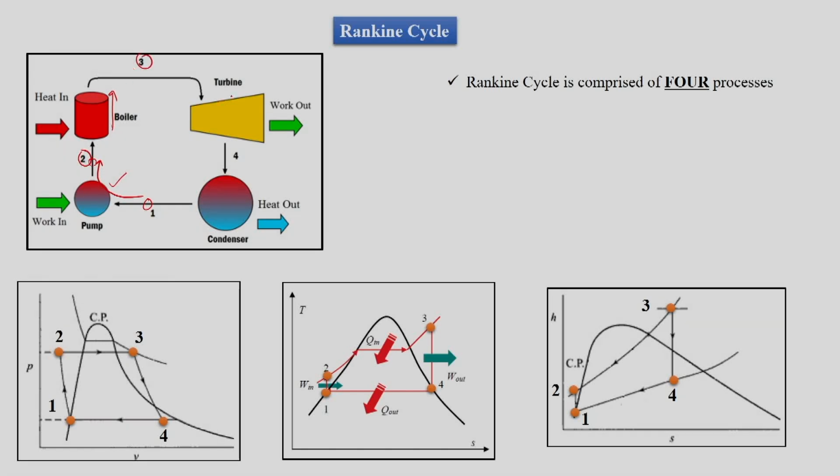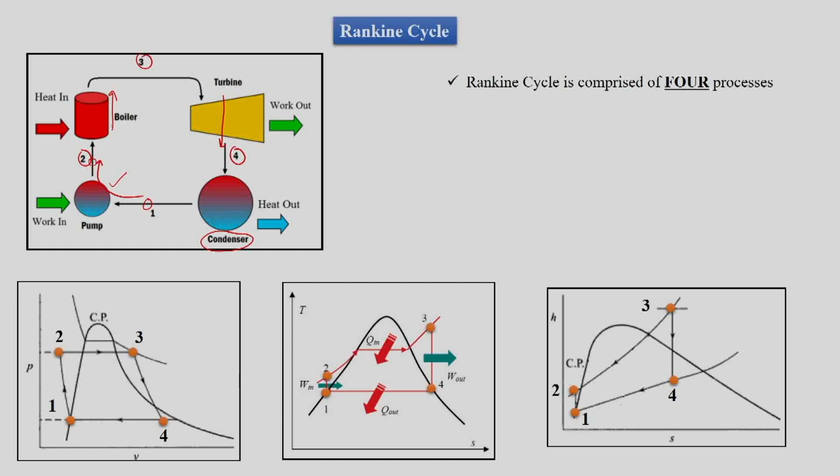Then we have expansion of the steam in the turbine in the process 3 to 4, and then we have heat rejection of the steam, in process 4 to 1, and that device is the condenser. So these four parts, pump, boiler, turbine and condenser, comprise a typical steam power plant, and there are four such processes.